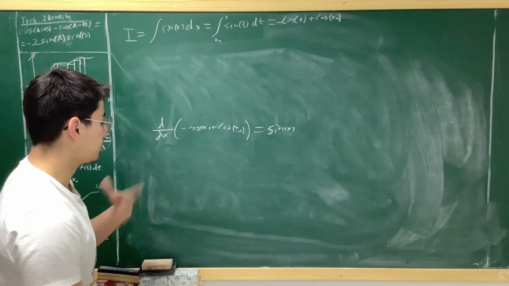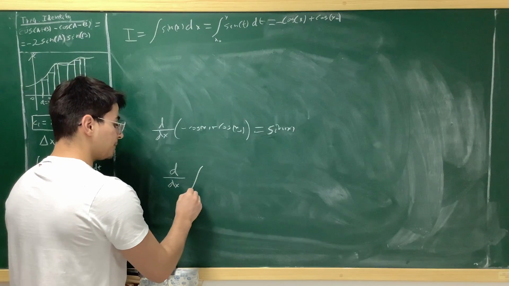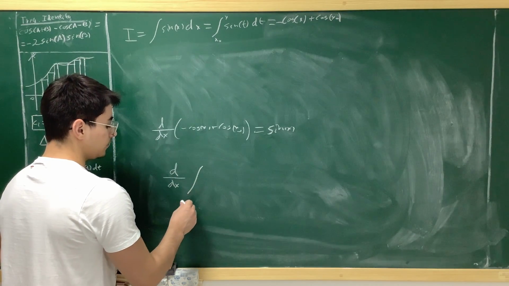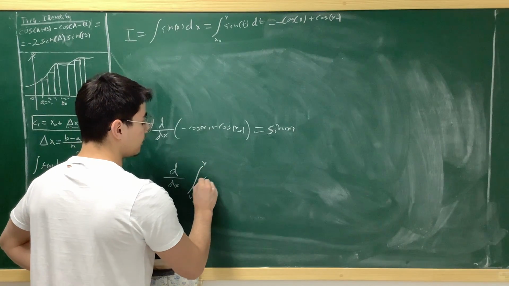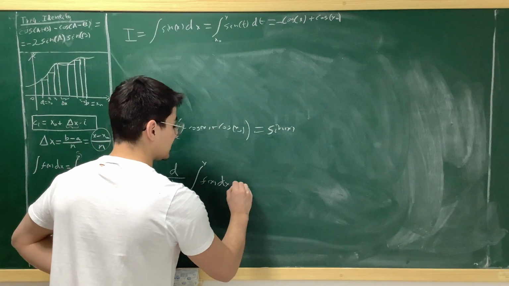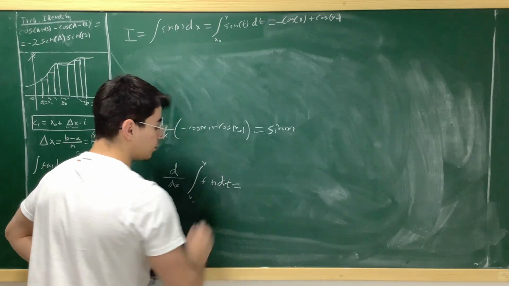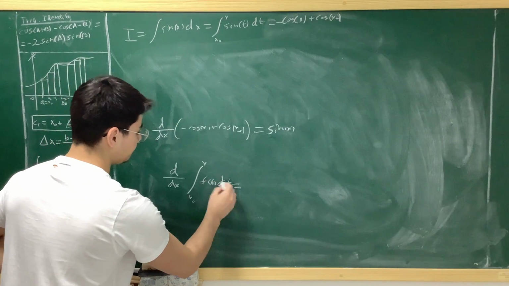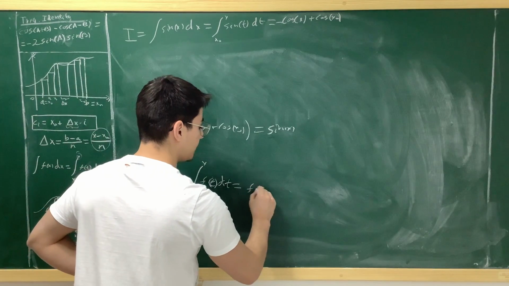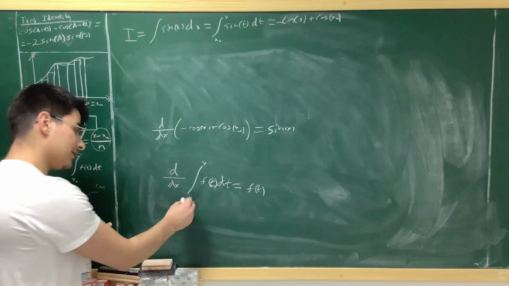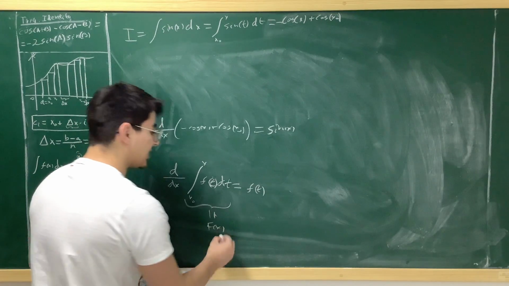Because the fundamental theorem of calculus tells us the derivative with respect to x of the integral from x naught to x of f of t dt, as I have been doing throughout the video, is f of x, meaning that this is the antiderivative of f.